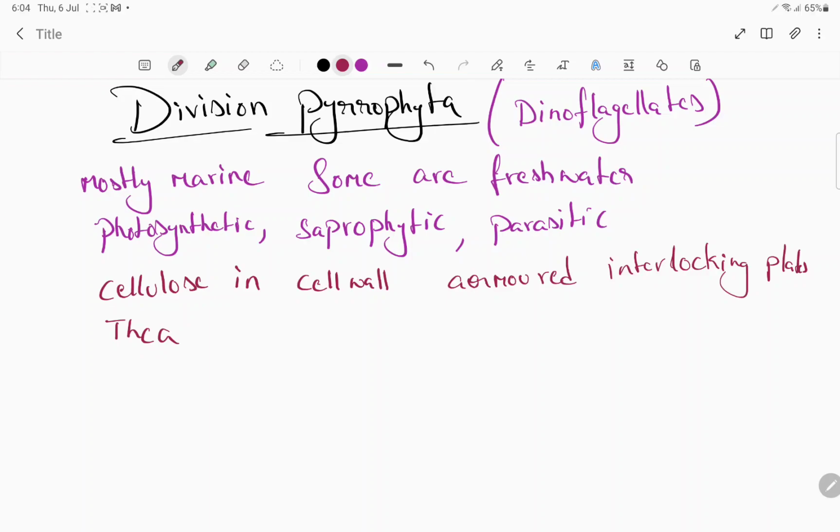The cells have two unequal flagella, which we call heterocont. One flagellum will project out longitudinally, the other flagellum will project transversely. So one will be produced longitudinally, another one transversely.